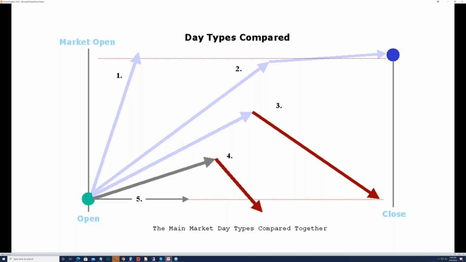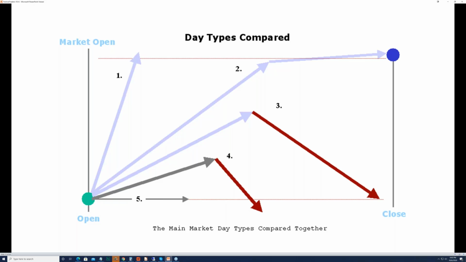Number one is a day where we just blast off immediately from the open in one direction or another. That could be a kind of a news-driven thing. It could be a gap-driven thing, but the market just takes off, never looks back, and we make a giant move, and maybe the market plateaus, and that's it later, right? But it was a huge move right off the get-go.